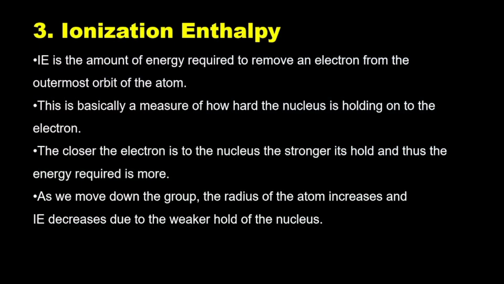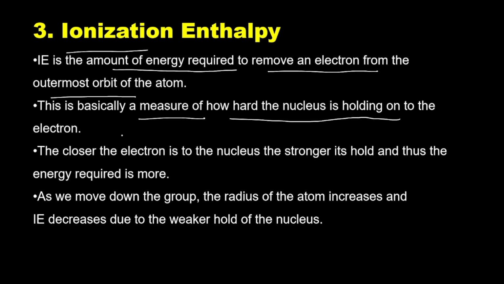Third, we discussed ionization enthalpy. It is the amount of energy required to remove an electron from the outermost orbit of an atom, or a measure of how hard the nucleus is holding on to the last electron. The closer the electron is to the nucleus, the stronger its hold, and thus the energy required is more.